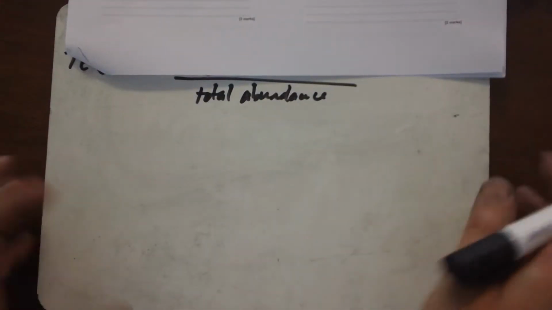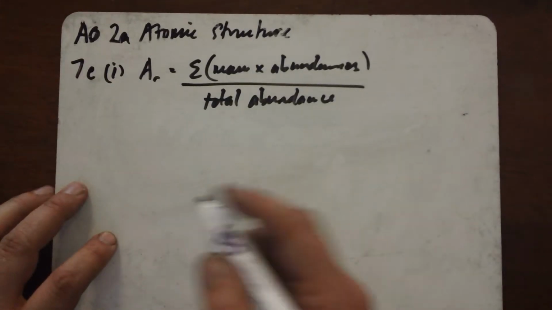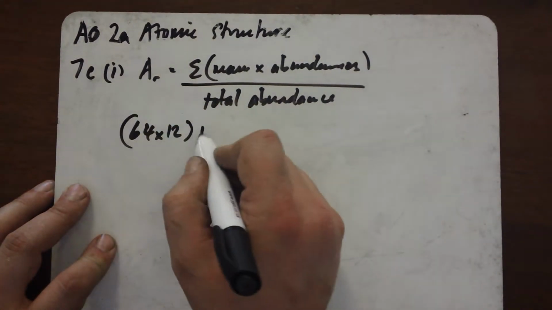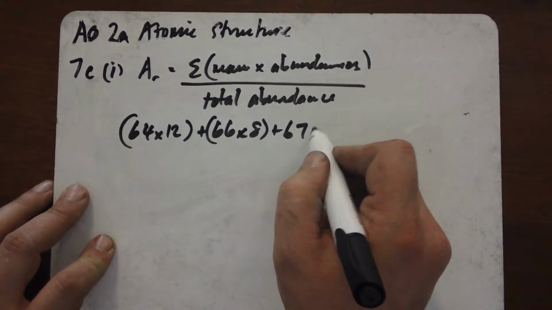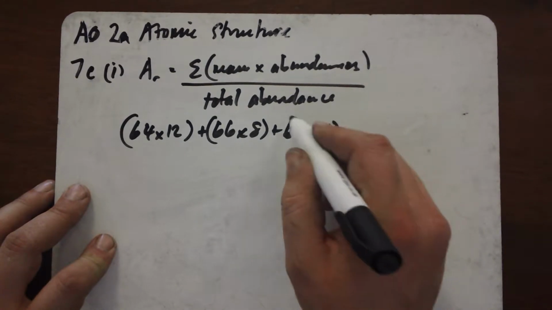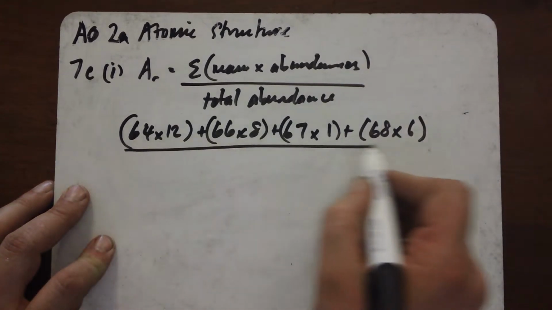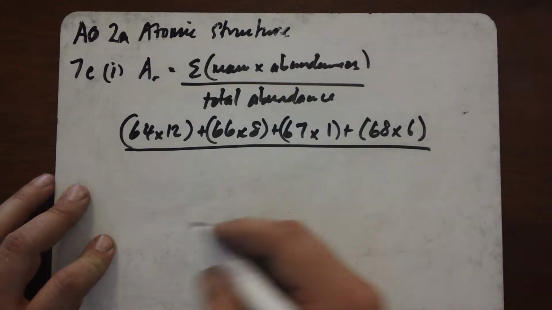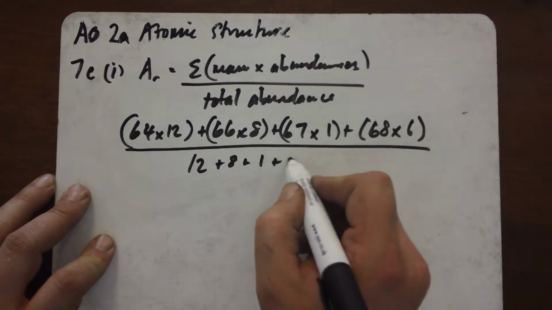And if you have a look from the paper, we've got 64 times by 12 plus 66 times by 8 plus 67 times by 1 plus 68 times by 6 divided by the total abundance: 12, 8, 1 and 6. That adds up to 27, and 6.